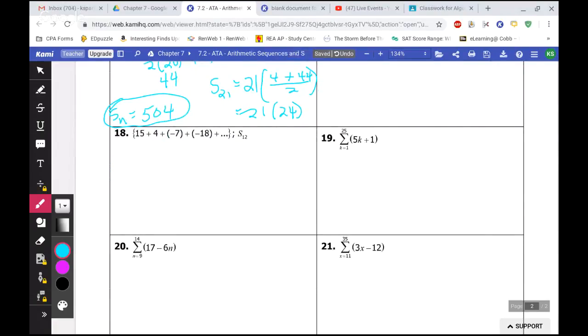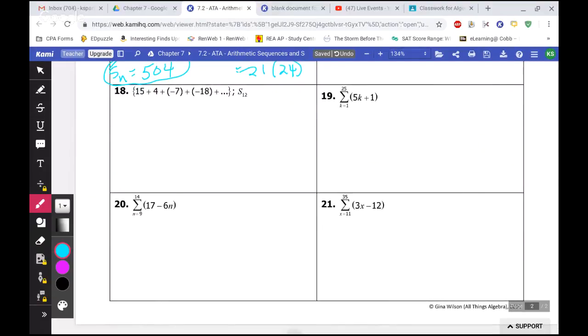Okay, number 18. So A sub n, we see that the common difference, 15 to 4, is subtracting 11. And if we subtract 11 again, we get negative 7. So our common difference is negative 11.